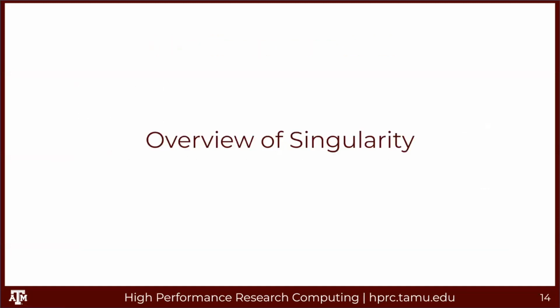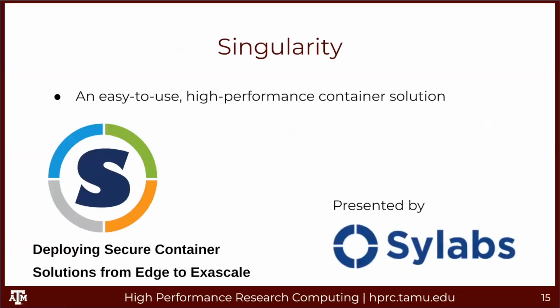Let's talk about Singularity. Singularity is an easy to use high performance container solution. Unlike Charliecloud, Singularity is trying to be as featureful as possible. It wants to help you do your work so that you don't have to think about tedious things like, how do I get access to the hardware?